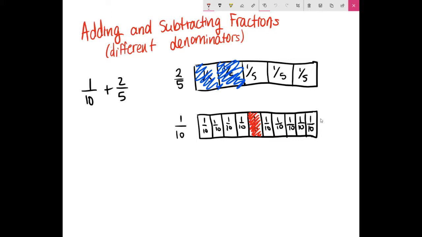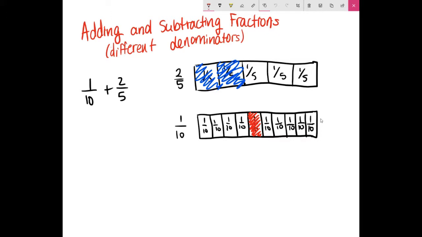So here's some things we need to look at. The second strip with 10 pieces has double the amount the first strip has of 5 pieces. And like we said before, 10 is the second multiple of 5.